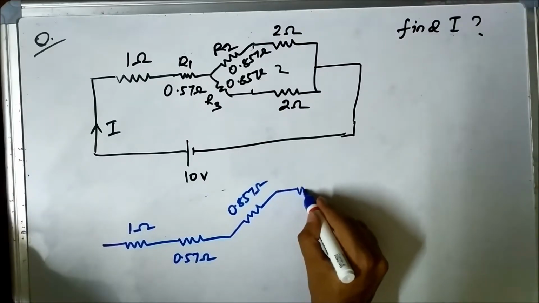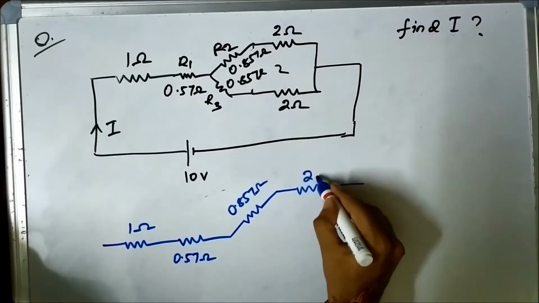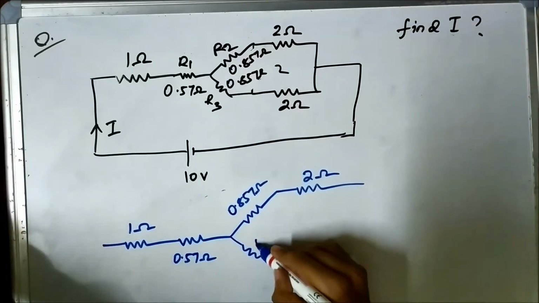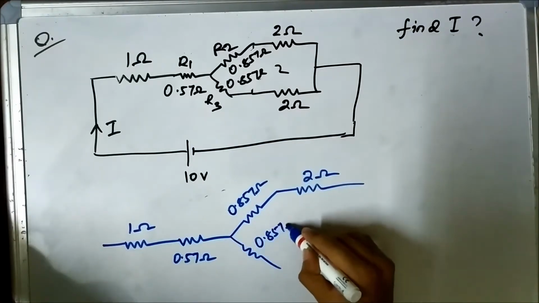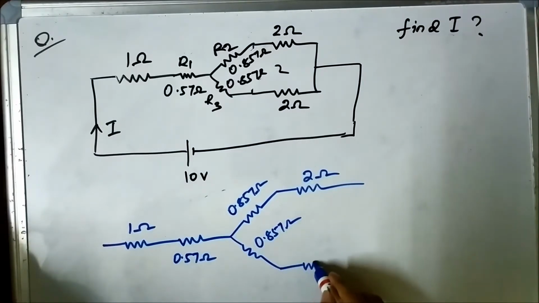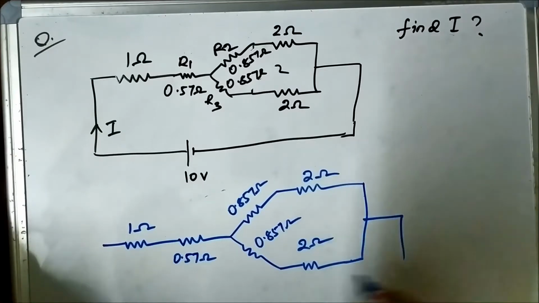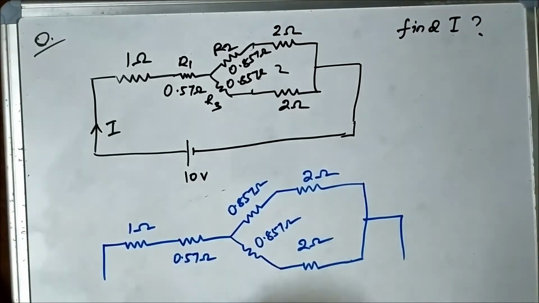We have this 2 ohm, we have this 0.857 ohm, and we have this 2 ohm. Now we have to find out the equivalent resistance of this combination.